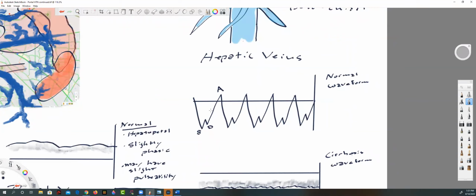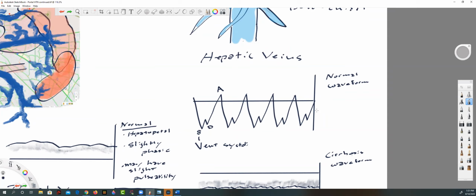As sonographers, we're not terribly concerned about naming these, but this is ventricular systole. Not a Y, systole, just an I. Anyway, ventricular systole.